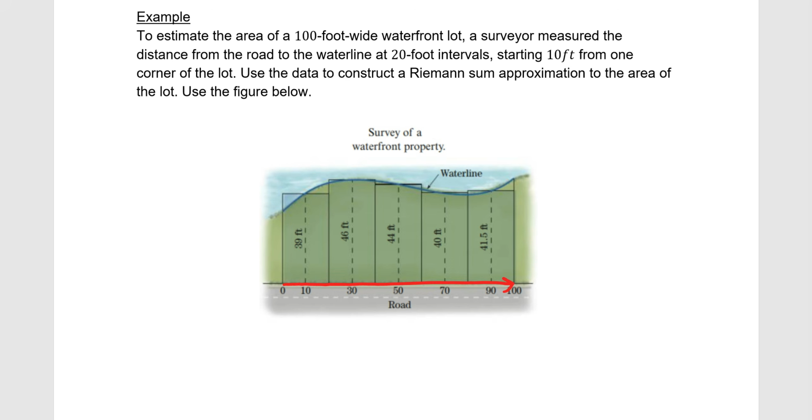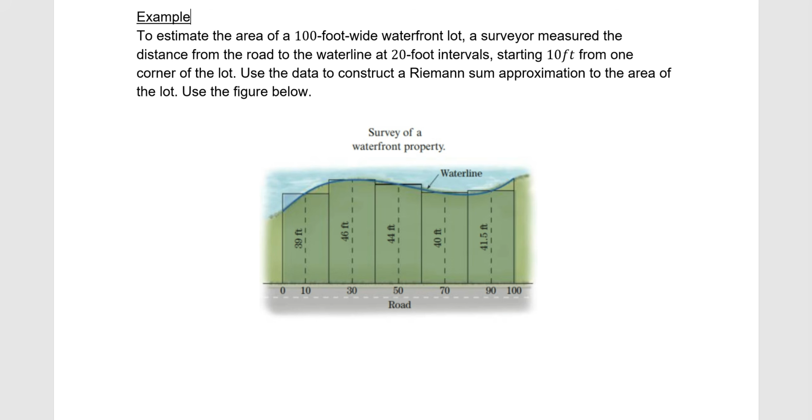It's a 100-foot lot. And we have this water's edge up here. So what we really want is this area from the water down to the road. But instead of actually finding the exact area, we're going to approximate it using this Riemann sum approximation, using the sum of rectangles.